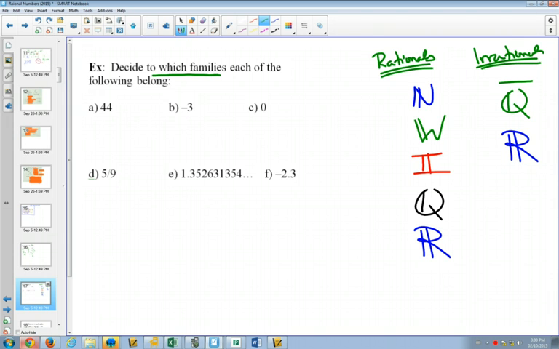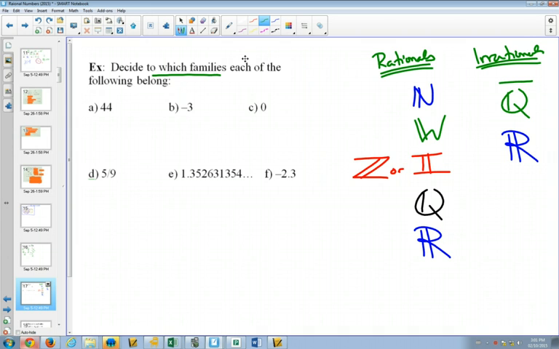Then your whole numbers include 0, so this is 0, 1, 2, 3, 4, 5. Your integers, and remember you could also use that symbol, include your negative counting numbers and your positive ones, so like -1, -2, -3, and so on, and then 0, and then 1, 2, 3. Then your rationals add in the fractions, and then finally your real numbers are all numbers. So I split them into two categories, and I start smallest to biggest.